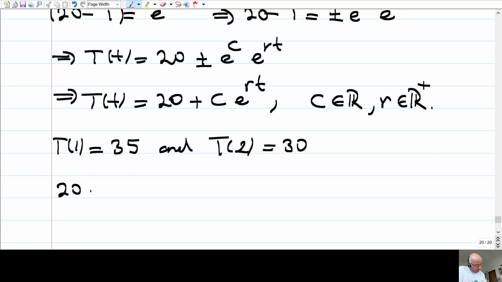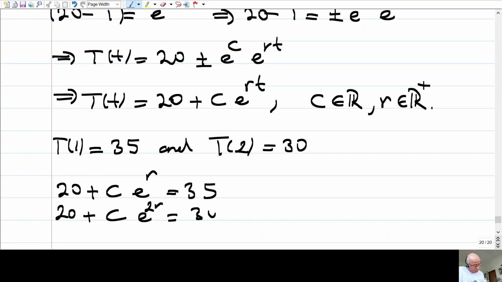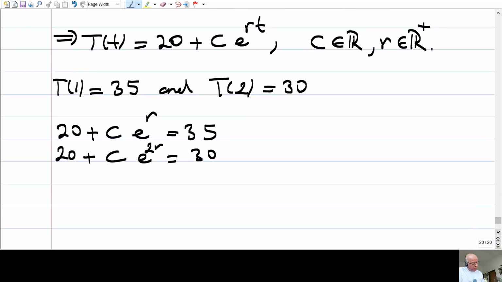So 20 plus C times e to the power, when I plug t equals 1, we get e to the power r. This is 35. And the other one is 20 plus c times e to the power, I put 2, so t equals 2, so you get 2r, and this is 30. All right.